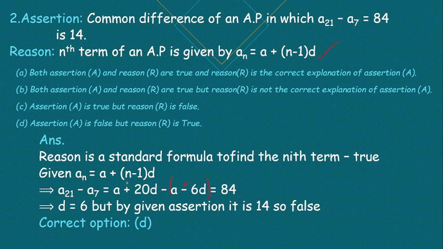So a and a will get cancelled. 20d minus 6d is 14d. 14d is 84, so d equals 6. But what they have given is d equals 14. So this is wrong. The reason is correct, the assertion is false, so we go for option D.